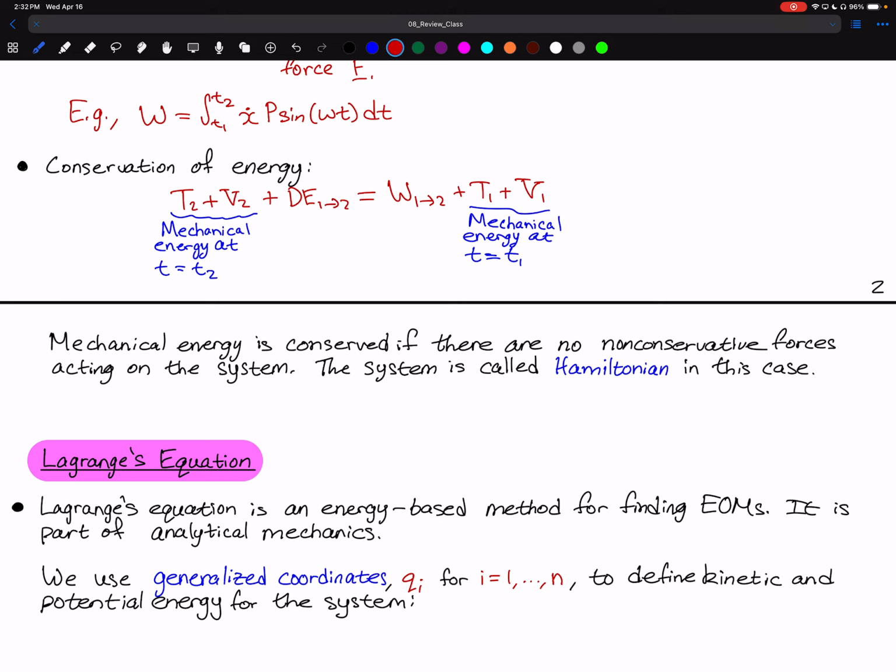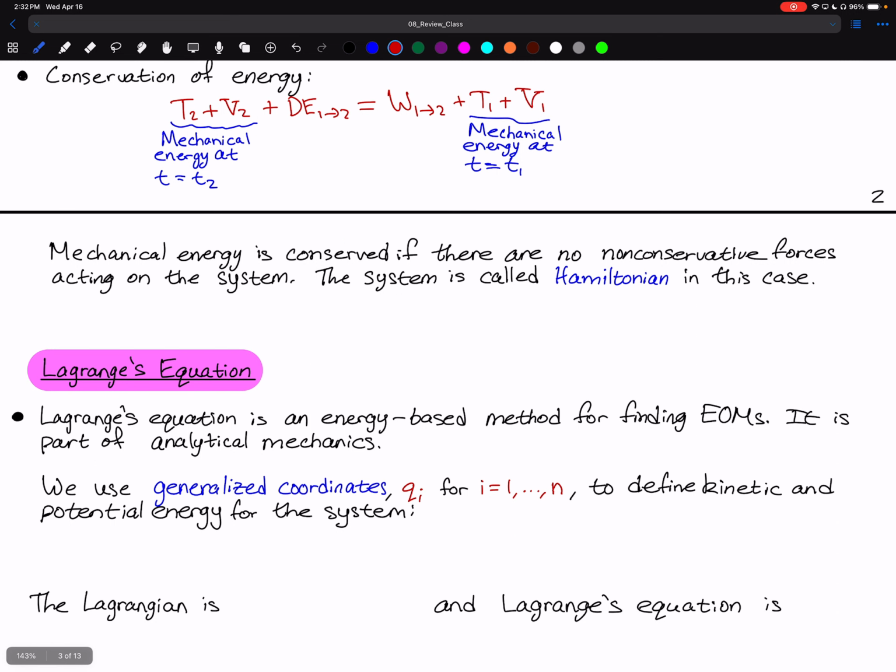And then our mechanical energy is conserved if and only if there are no non-conservative forces acting on the system, where non-conservative here includes both external and dissipative forces. The system is also called Hamiltonian in that case. In that case, T2 plus V2 is equal to T1 plus V1.